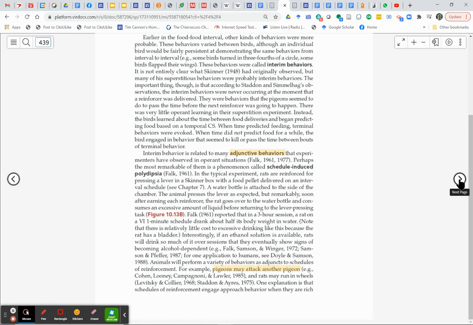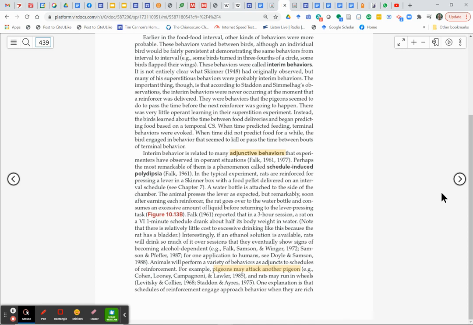Sometimes as you're studying, the amount of fluids you intake goes way up. And it's schedule-induced polydipsia. And there's pigeons attacking pigeons. This is not my friend's research with post-reinforcement pauses on fixed ratio schedules. But pigeons will do that. Rats will run on wheels.